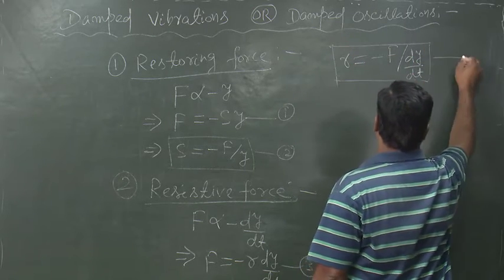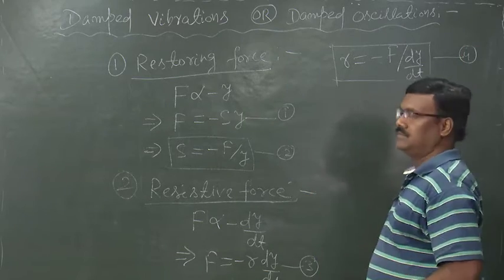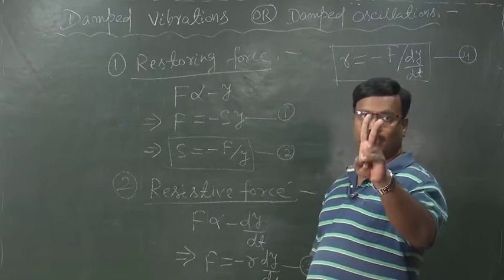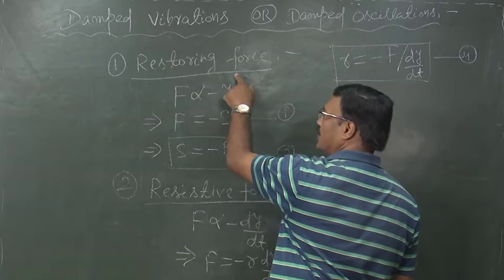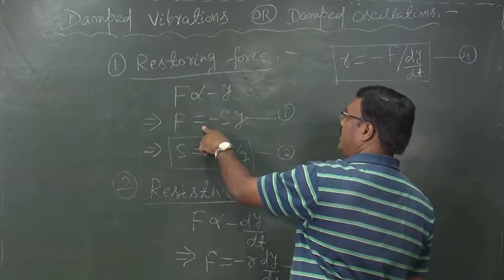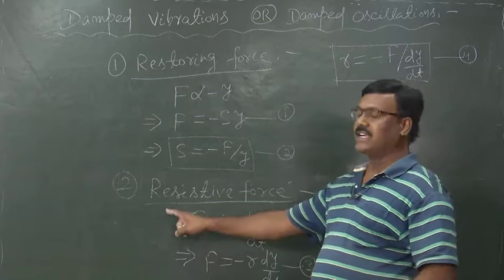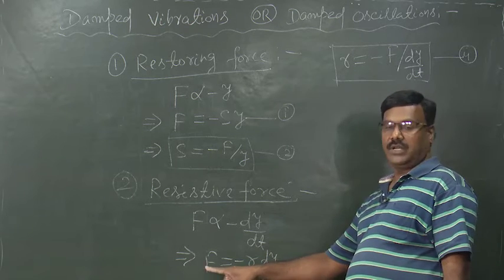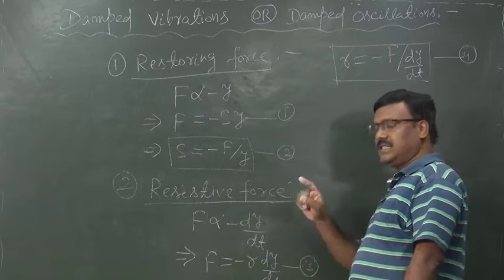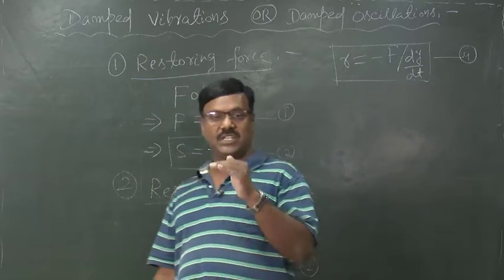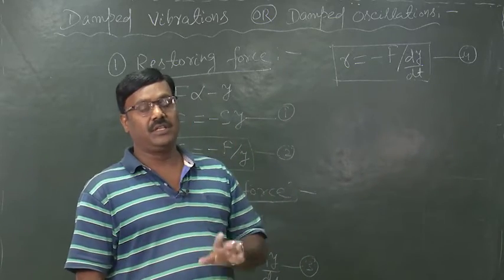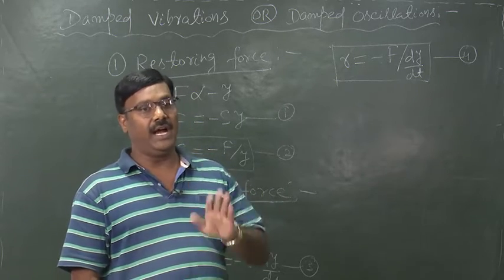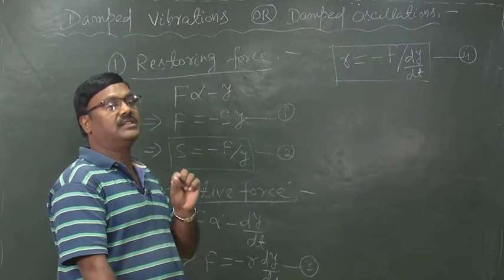In discussing damped vibrations, we have come across two resistive forces. One is the restoring force, F equals minus sy, and the second is the resistive force due to the medium, F equals minus r dy by dt. These two opposing forces oppose the SHM of the undamped oscillation and make it damped.